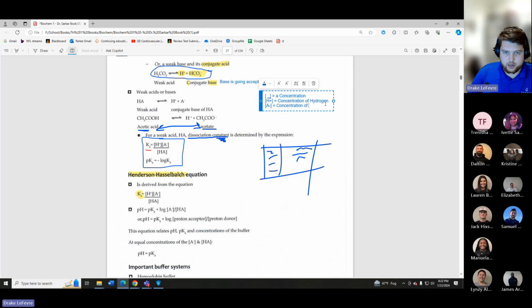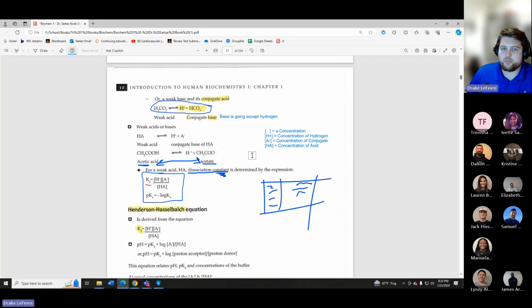A minus is the concentration of the conjugate base. And then our HA is the concentration of acid. Because remember, a buffer is a weak acid. And if it's a weak acid, you're still going to have a little bit of concentration of acid, which is why the buffer system is a weak acid.